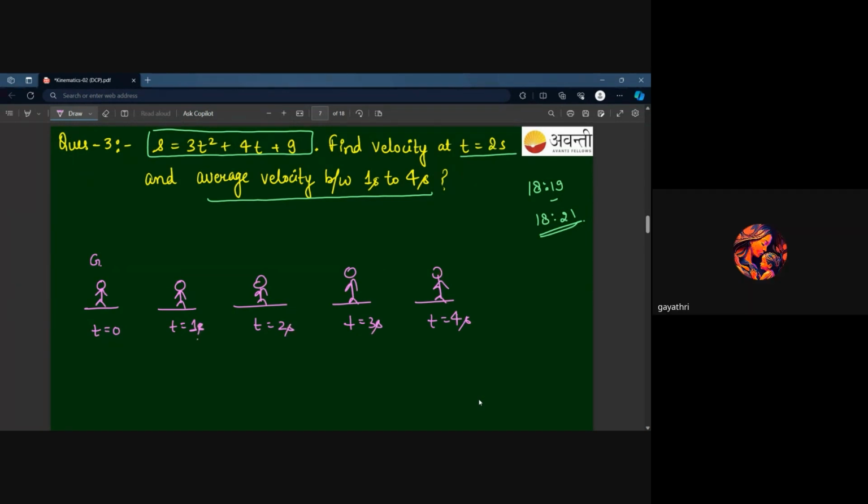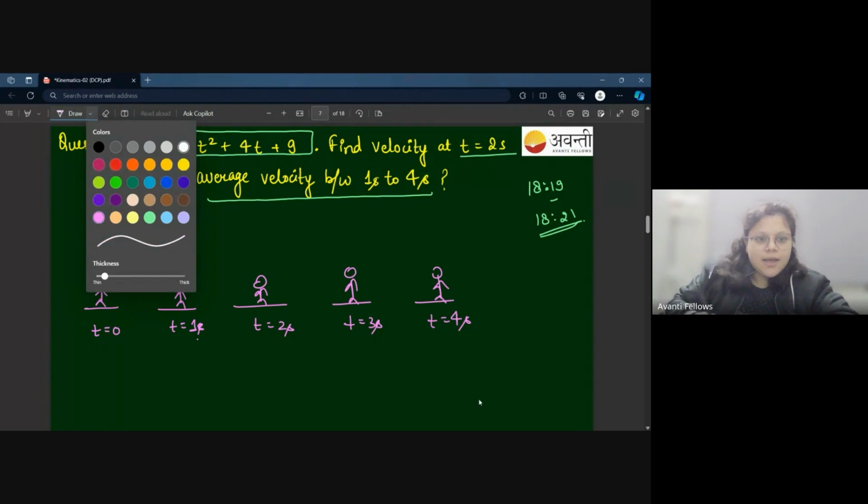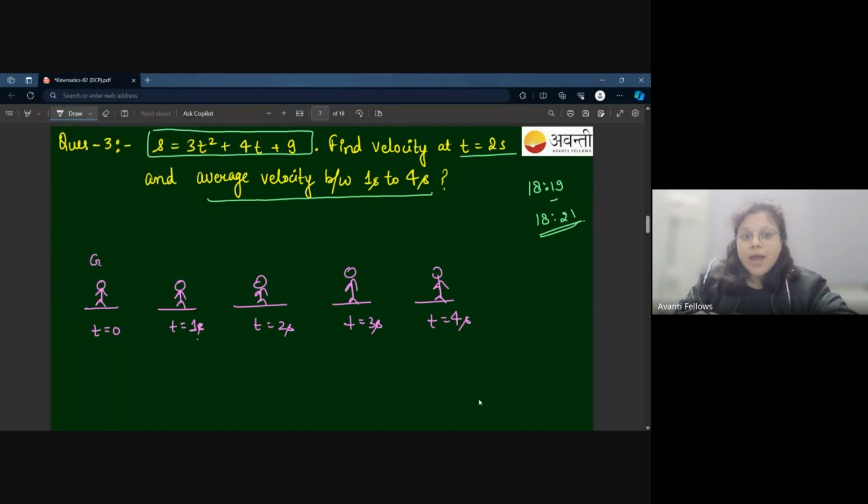Yes, ma'am. Okay. Now I said, I want your average velocity from first second to fourth second. So when I put the values over here, if I put 1 over here, then it will give me this one now. Yes, ma'am. But I need to eliminate this portion because I don't need the velocity from this particular displacement, this particular duration.